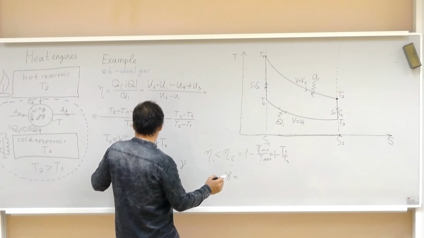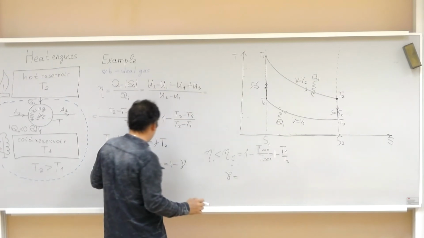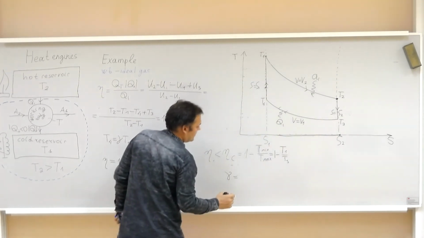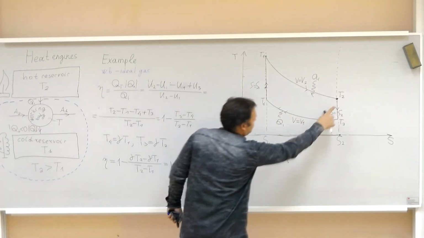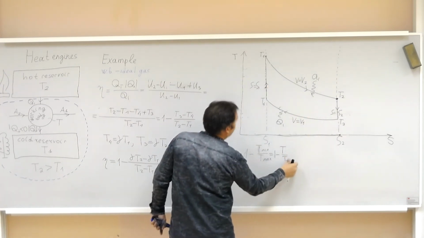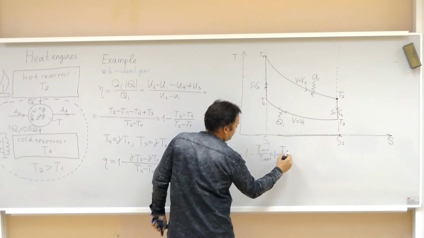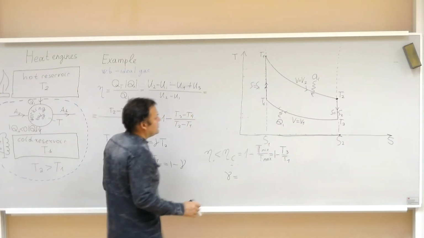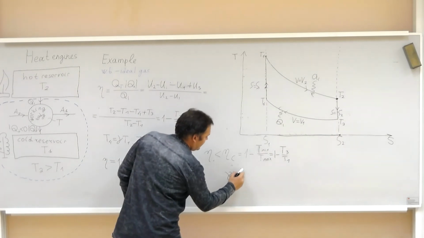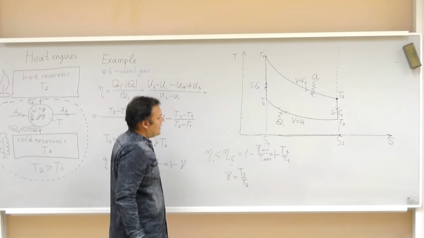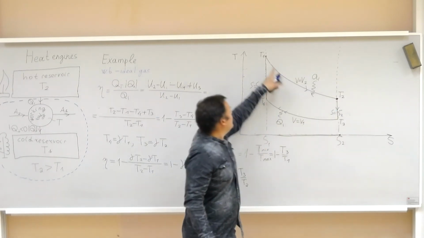Gamma equals T3 divided by T1. Oh, no, this is not correct here. Gamma equals T3 divided by T2. And T2 is lower than T1.